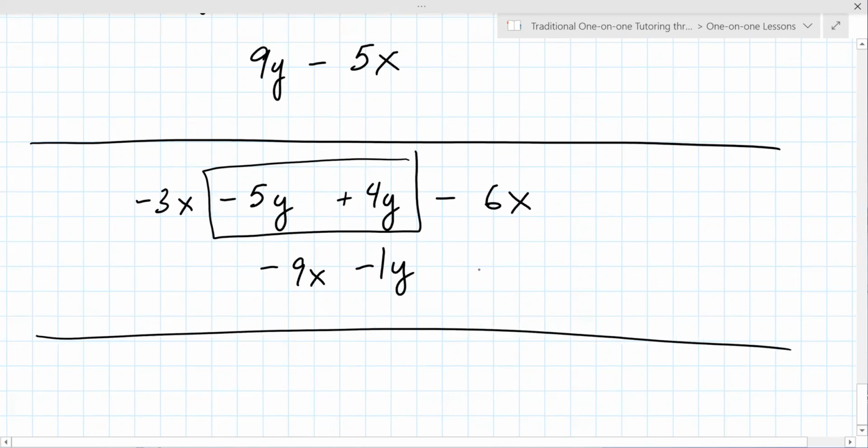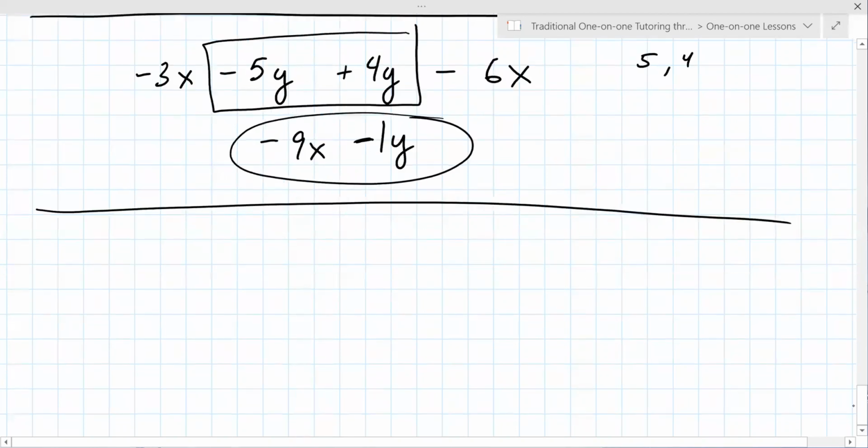I forgot to tell you 1y. Did you write this? Okay, it's negative 1y because negative 5 and 4, 5 is further, is the bigger number. 5 is negative. That's why it becomes negative. You're getting this. Let's keep doing more examples here.